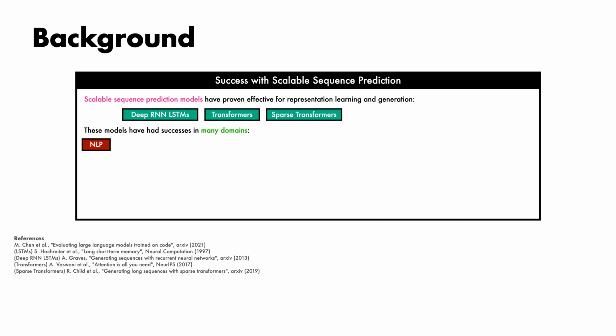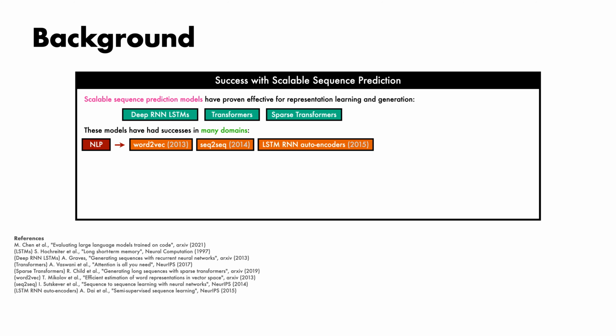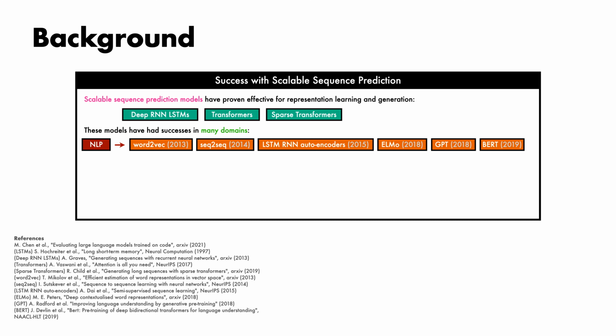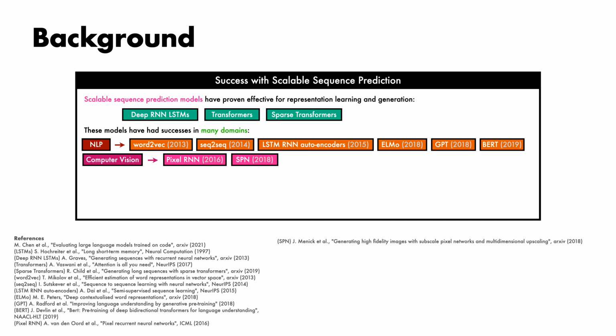In NLP, we've seen models such as word2vec, seq2seq, LSTM RNN autoencoders, ELMo, GPT, and BERT. In computer vision, we've seen examples such as PixelRNN, Subscale Pixel Networks, Image GPT, and BEiT.